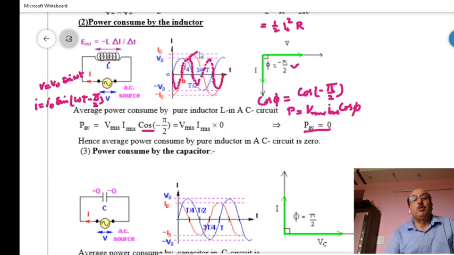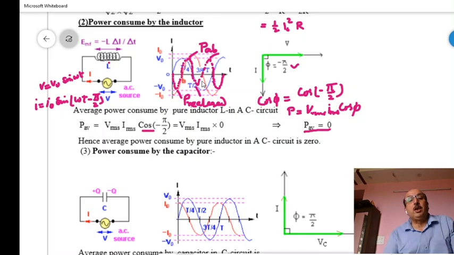It will have two positive lobes which are absorbing the power and two negative lobes for a cycle which are releasing the power to the source. So power released to the source is equal to the power absorbed by the inductor. Hence net power dissipation or consumption by the pure inductor in an AC circuit is 0.